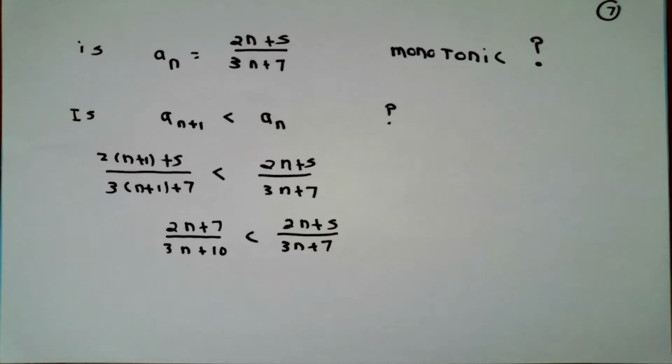In an inequality, I can multiply both sides by a positive number without messing the inequality sign up. So I'm going to multiply both sides by 3n plus 10 and also by 3n plus 7. The reason that I'm doing this is to get rid of the fractions.